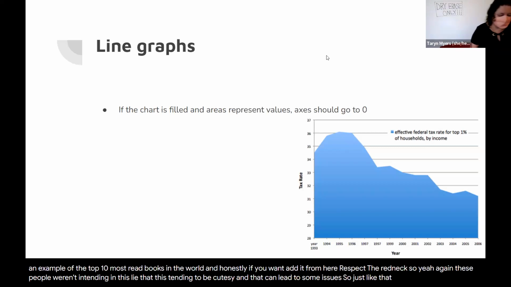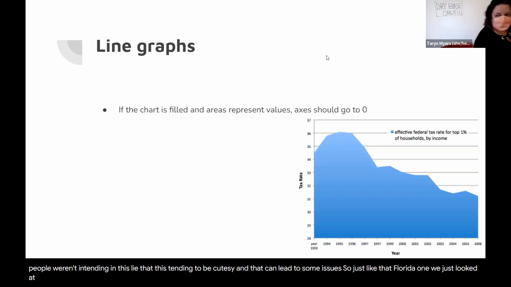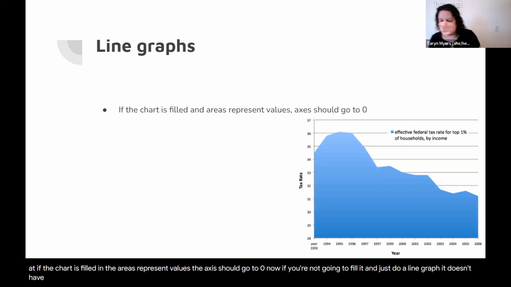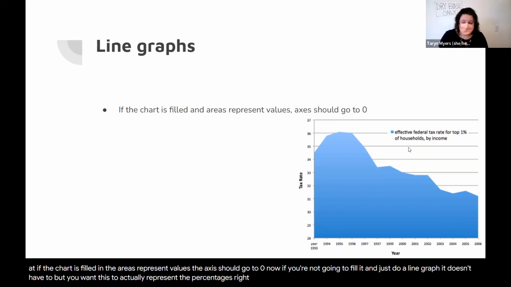So just like that Florida one we just looked at, if the chart is filled and the areas represent values, the axis should go to 0. Now, if you're not going to fill it and just do a line graph, it doesn't have to. But you want this to actually represent the percentages, right?